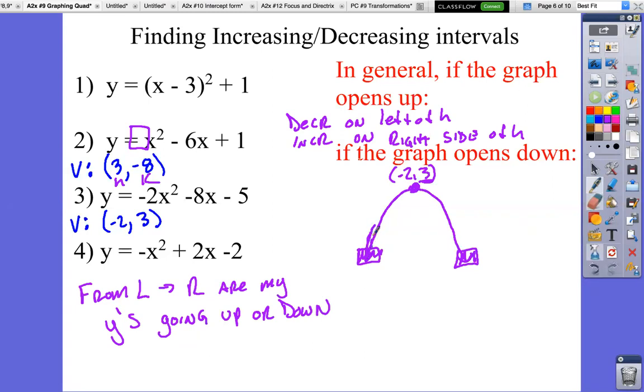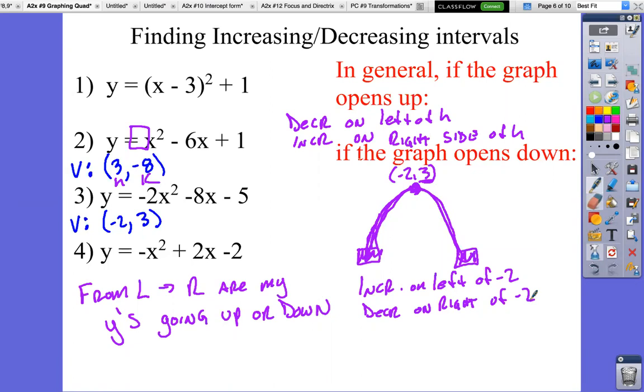Are they getting bigger or are they getting smaller? Bigger. They're getting bigger. So if my graph opens down, it increases on the left side of H. And then once it hits the maximum value, they start to decrease again. So then they decrease on the right side of -2.